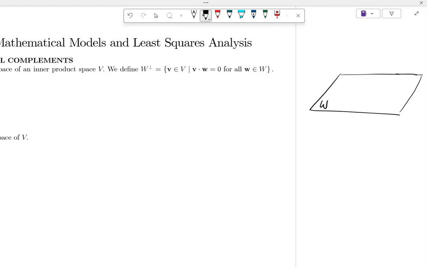And when we refer to an orthogonal complement, orthogonal, again, in a Euclidean sense, makes us think of what? Perpendicular, right? So when we talk about the orthogonal complement, what we're really talking about is the subspace that ends up being orthogonal to that plane, this line. So this would be, in pictures, W perp.